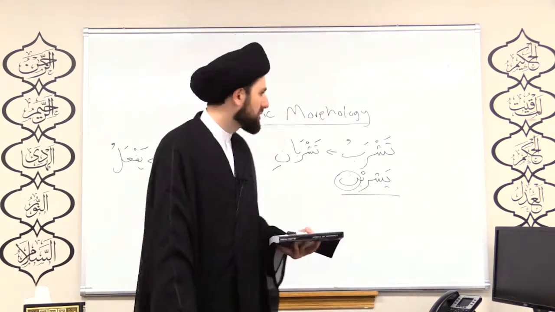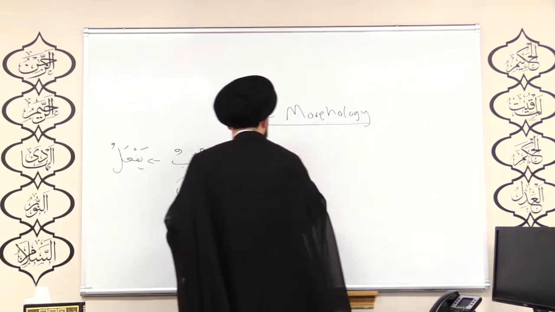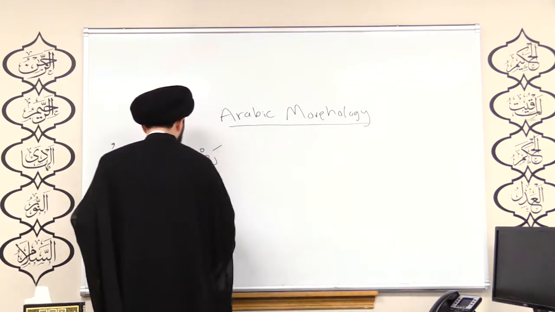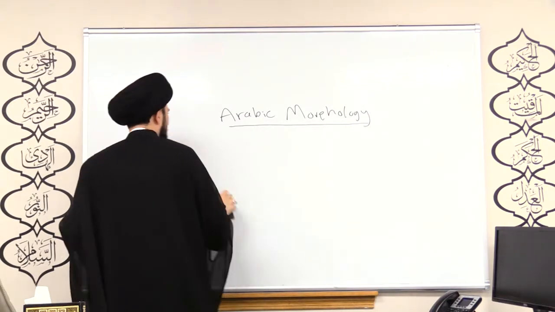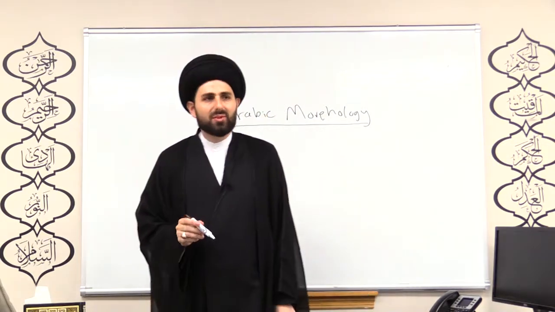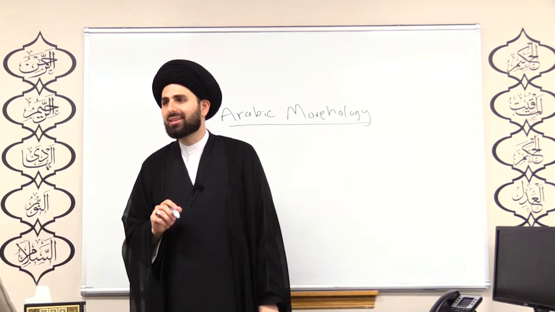Let's look at the masculine ones. If you are talking to a male and he's only one person, how do you address him? You want to tell him, you drink. What do you say?